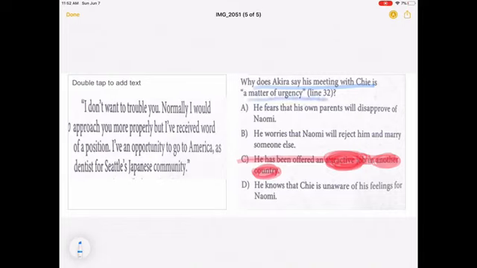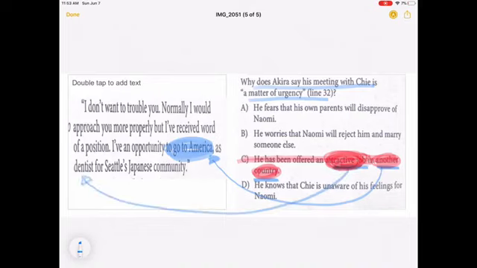He says that he normally would approach her more properly, but that he has received word of a position. He has been offered an opportunity to go to America. So, another country. We're just using different words to express this. And he has been offered an attractive job, which is being a dentist. So as you can see here, the answer is simply a restatement of the quote in other words.